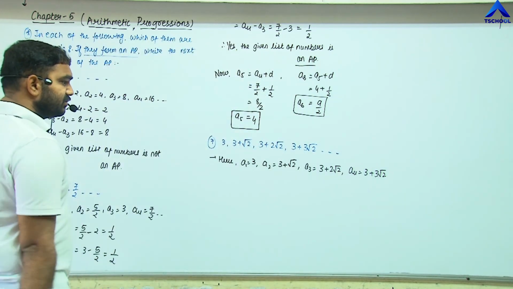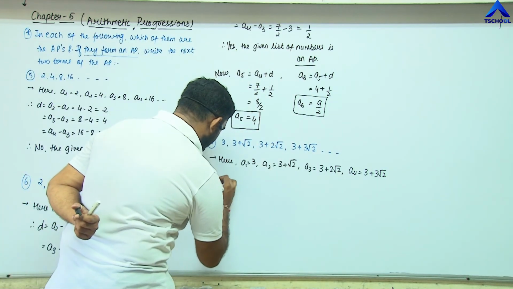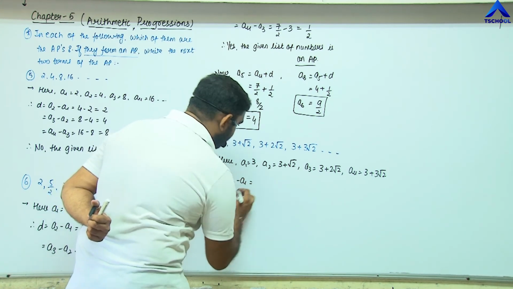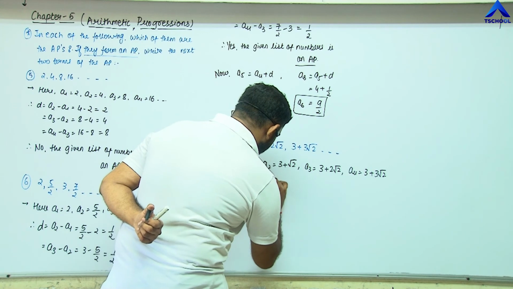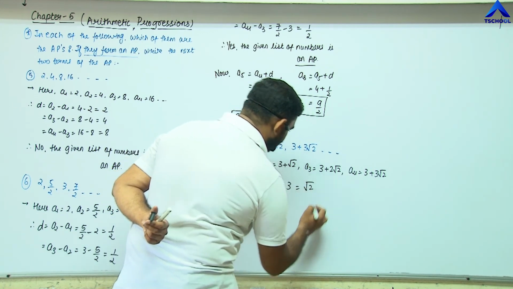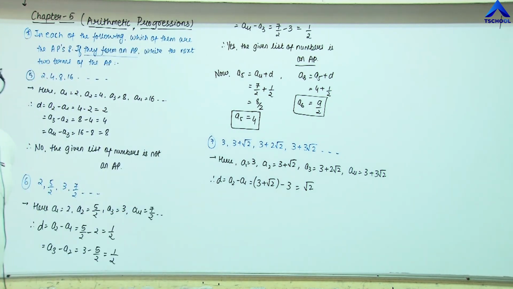So we got these terms here. Now therefore D is equal to A2 minus A1, that is 3 plus root 2 minus 3, which is equal to root 2, because 3 and minus 3 can be cancelled out.